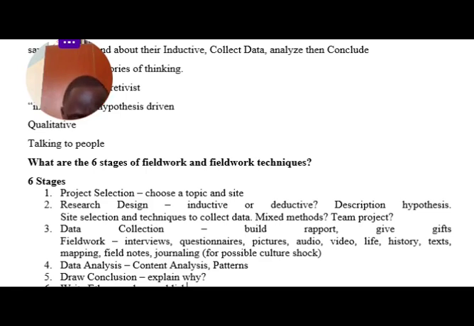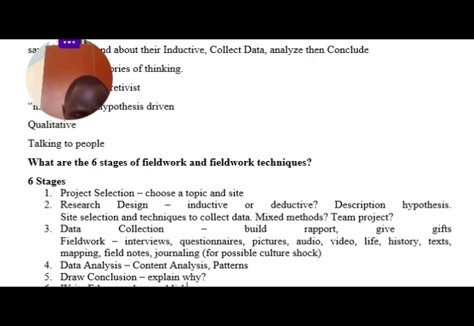In other words, the methods of selection in terms of data collection. They talk about the site selection, techniques to collect the data, mixed methods, and the team project. We also formulate the people that may be used in terms of data collection.